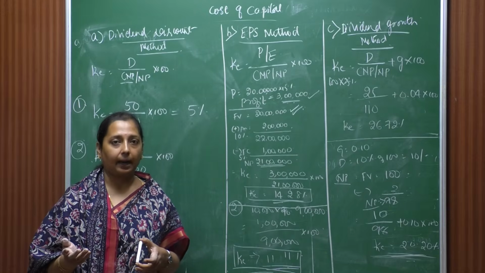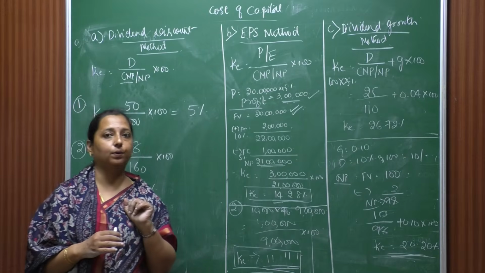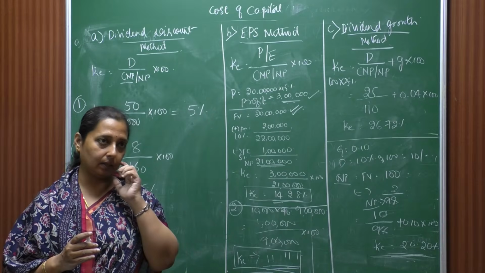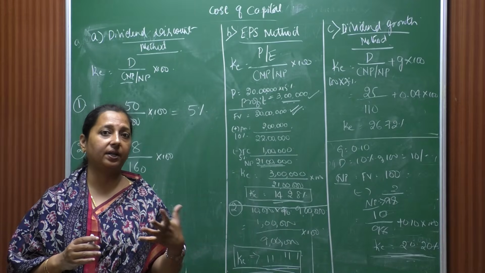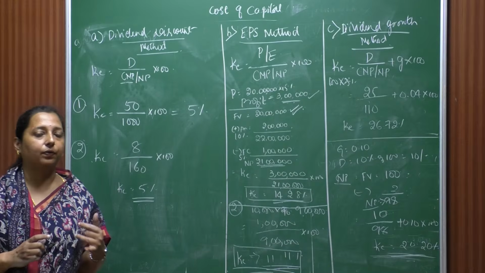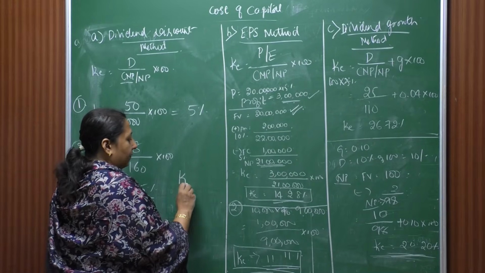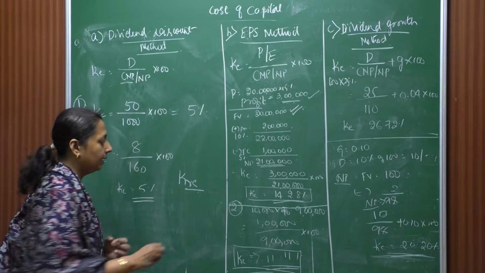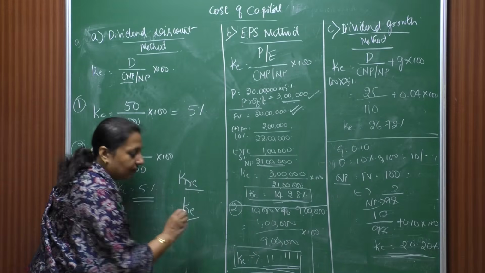Before that, there is one more method called cost of retained earnings. Retained earnings is nothing but the earnings which have been retained in an organization. KRE represents retained earnings. If KRE is not given, KE, the cost of equity, will be considered.